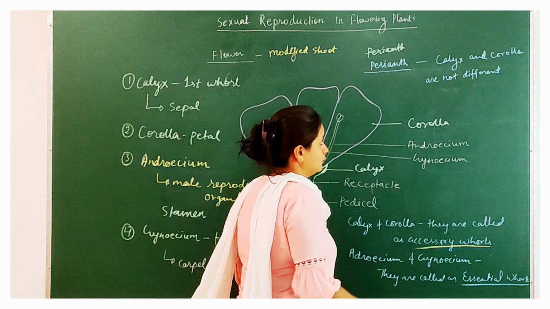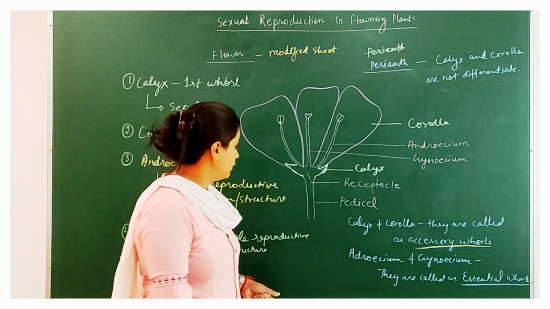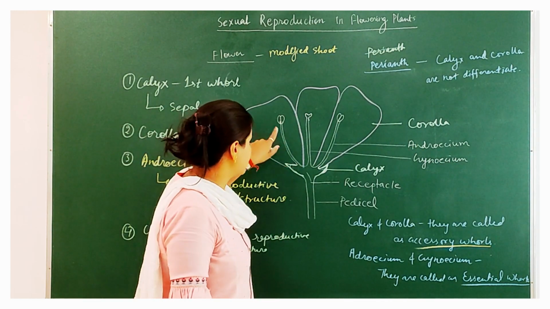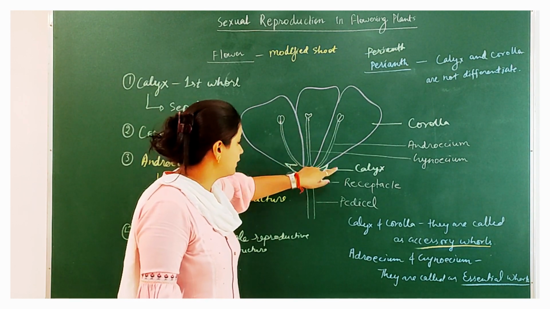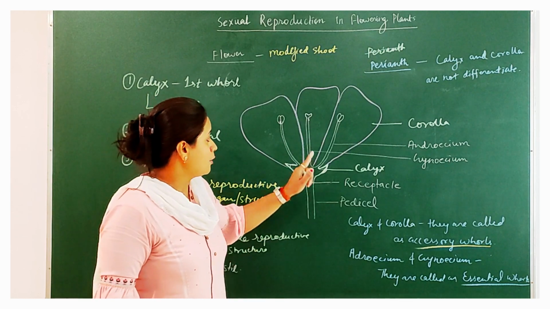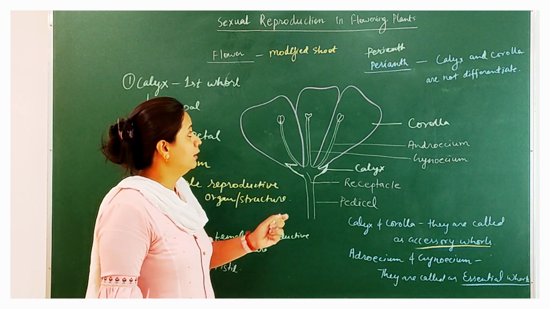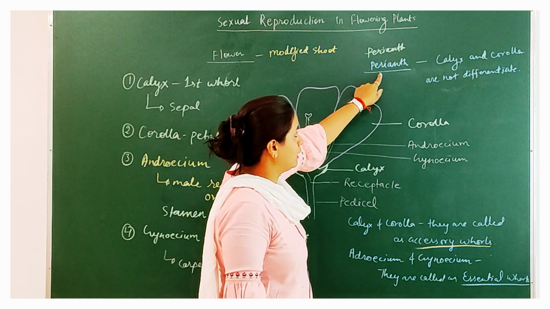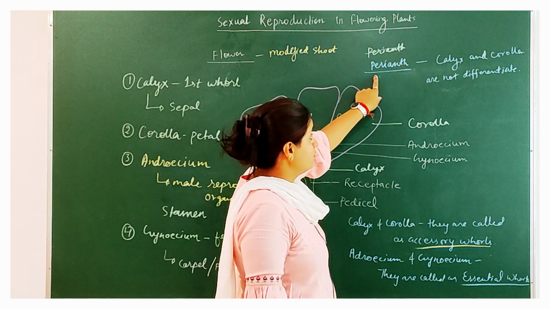If differentiation is present, it means we are able to easily identify which is the calyx part and which is the corolla part. But in some flowers, we will see only the androecium part and gynoecium part. Outside this androecium and gynoecium, there will be only one part, which is called the perianth, because calyx and corolla are not differentiated.